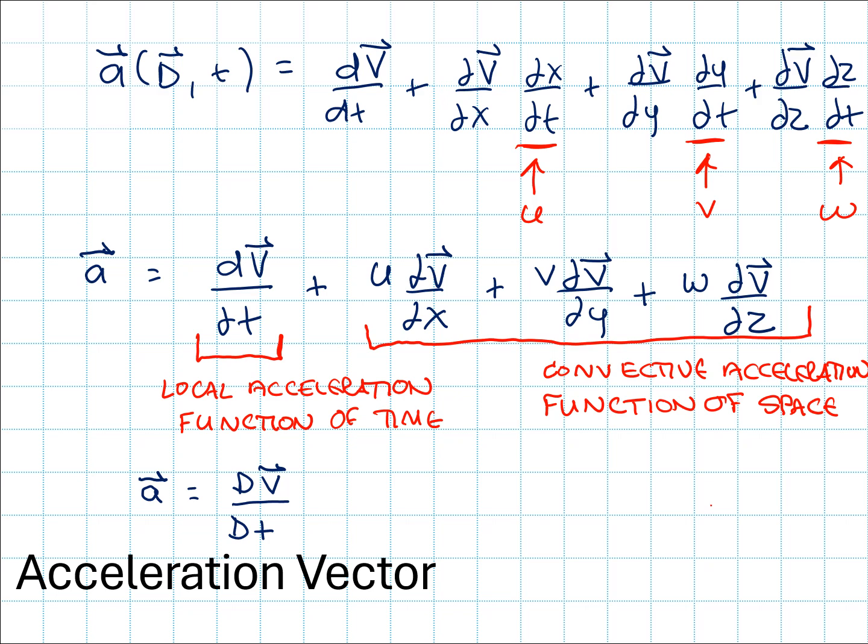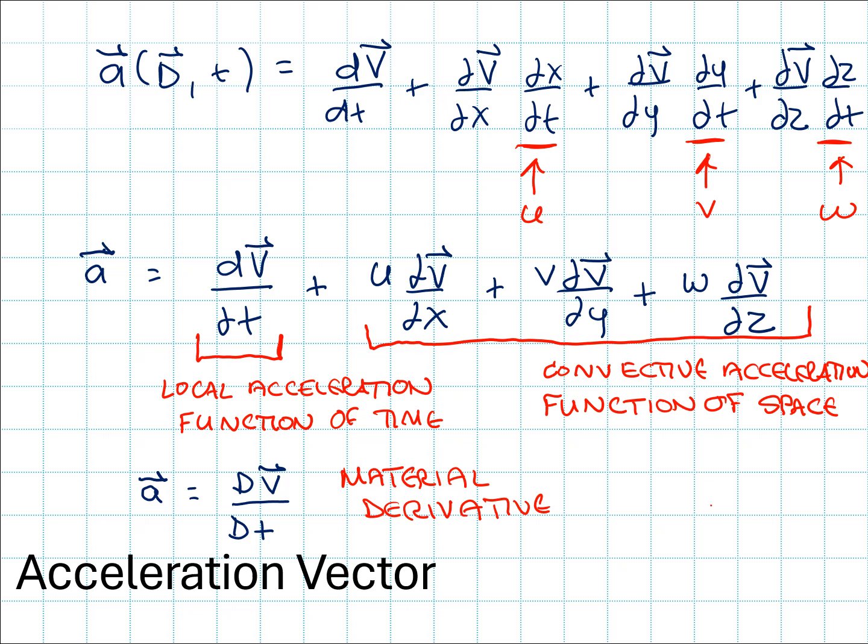Again, the terminology that is used here is the material derivative. And you can see this applied to other properties besides just velocity. In this case, acceleration is the material derivative of velocity. What does material derivative mean? It's all of the work that we've just done in this video leading up to this point.